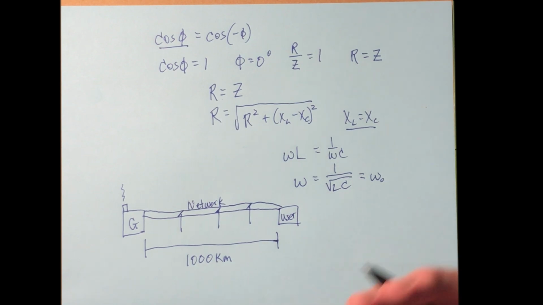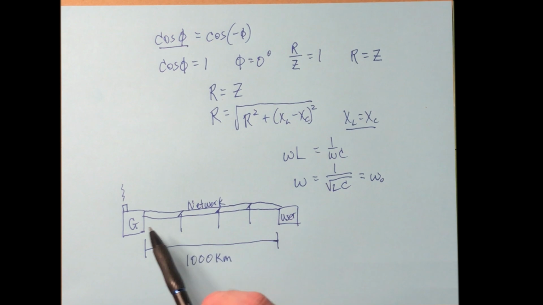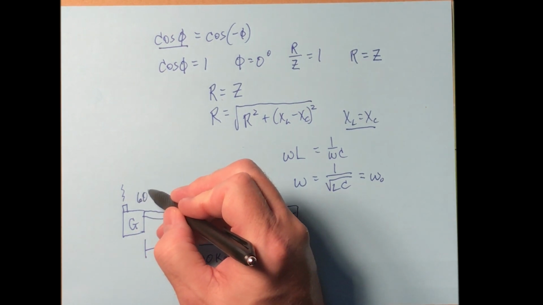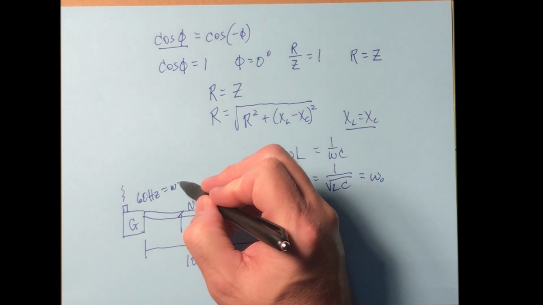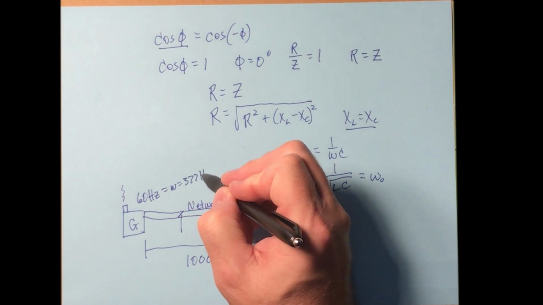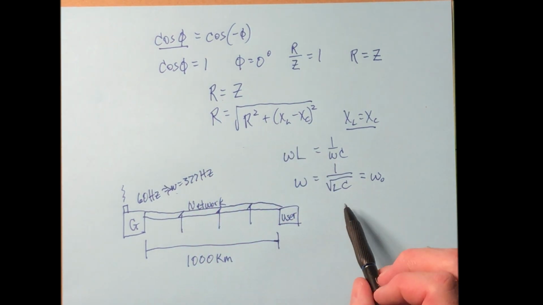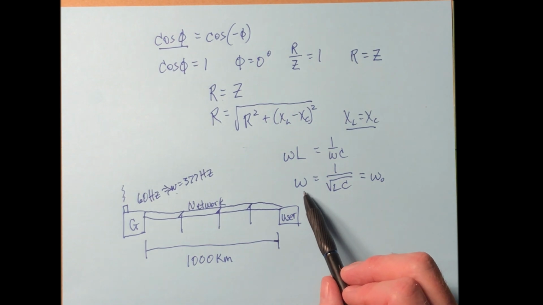And you're putting oscillating currents into it, alternating currents into it. So what needs to happen is that the generator frequency, which is set to 60 hertz, implies an omega of 377. This is pretty much set by standards in the United States to be 60 hertz.